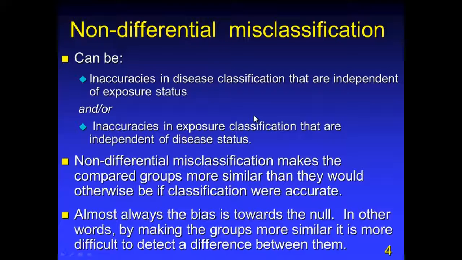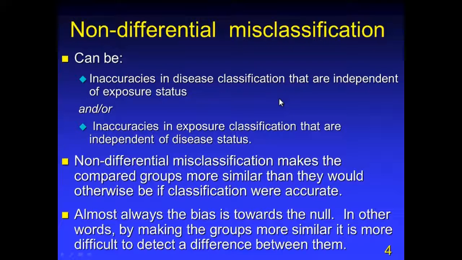So I'll start by talking about non-differential misclassification. Basically, these are inaccuracies, and it can be one of two things. It can be disease status, which is misclassified independently of exposure status. In other words, in the exposed and unexposed groups, it occurs more or less equally.